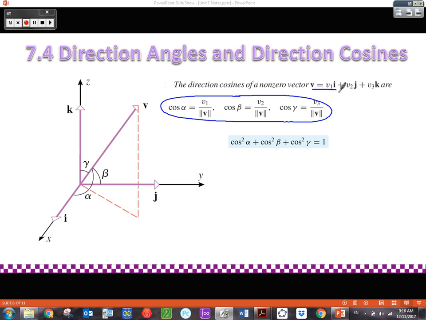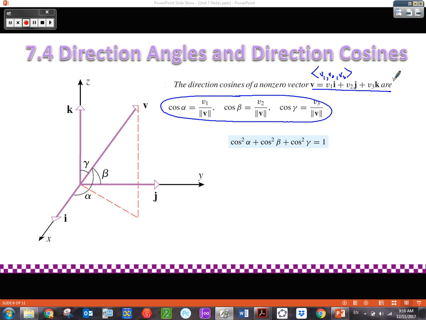I have a vector where v sub 1 is my x component. If we wrote this in component form, I'd have v1, v2, v3. Either in ijk or in component form, those are constants, numbers that represent the x, y, and z position.